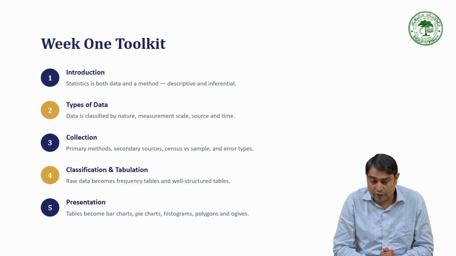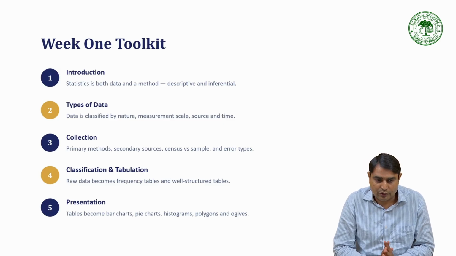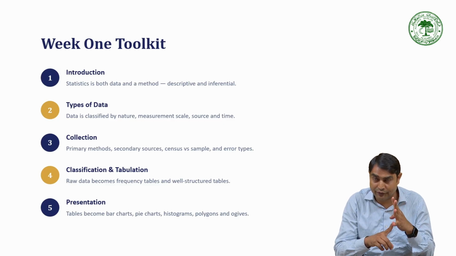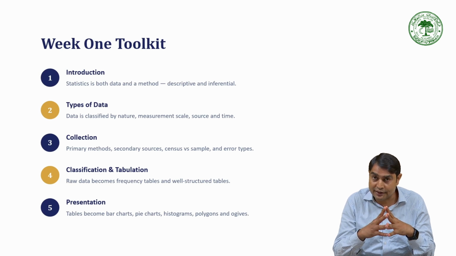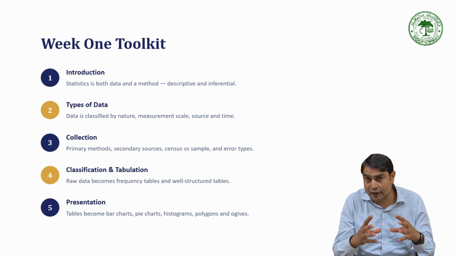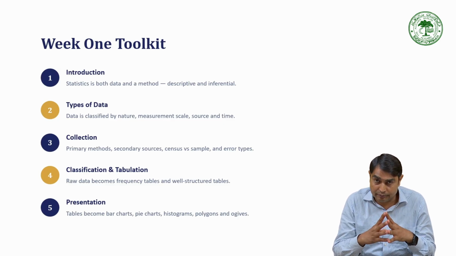So with this, we are winding up week 1. And what we learned in this: we learned about statistics, definition of statistics, singular, plural, types of statistics, descriptive and inferential. Then we learned about data, types of data, measurement scales, and the classification.